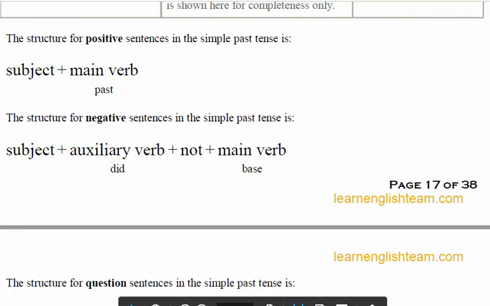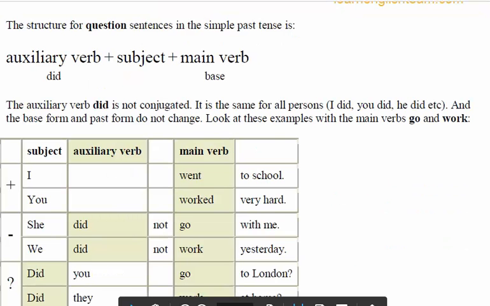Base is used along with did. So do not use the double past tense, did along with the past. Along with did, there is always the base, or you can say the first form of the verb.